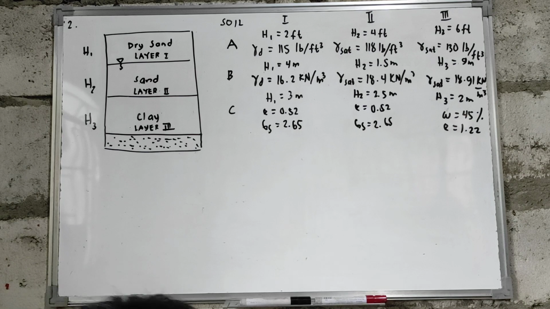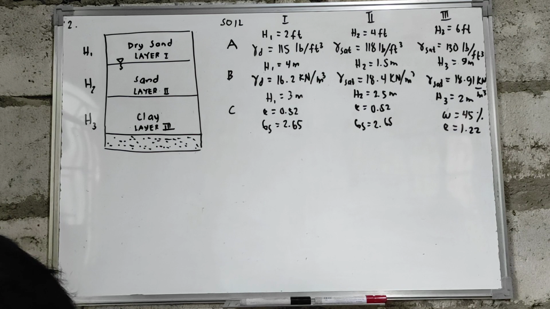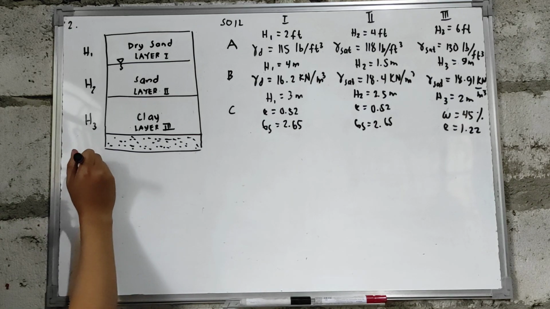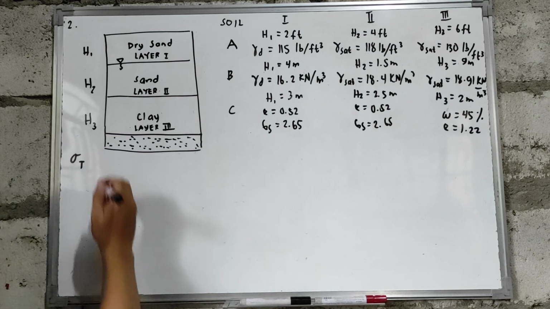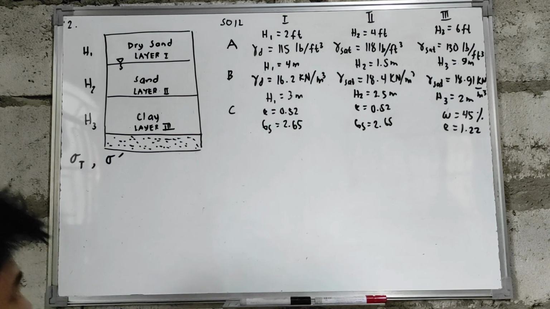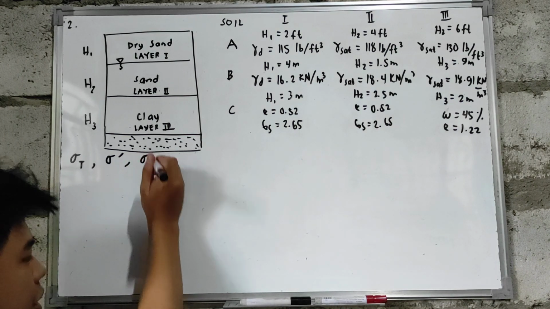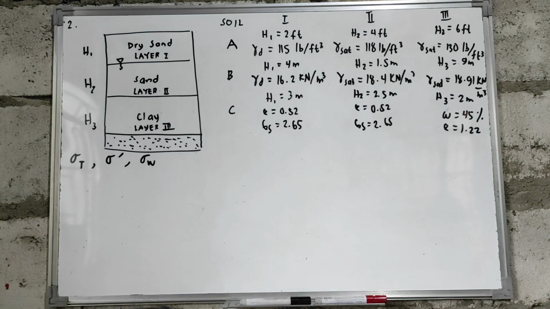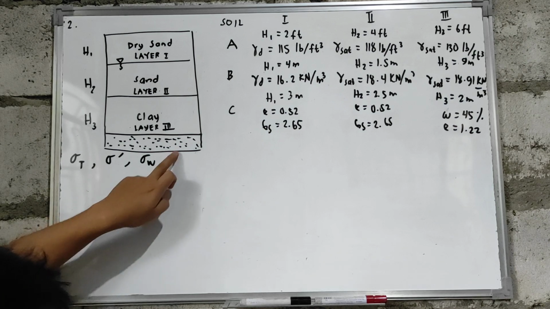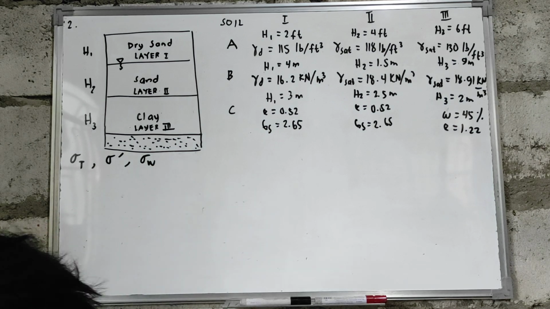So pinapa-calculate sa atin for letter A, hahanapin natin yung variation of the total stress, which is denoted by sigma sub T, yung effective stress, which is denoted by sigma prime, and lastly, yung pore water pressure natin. Yung representation din natin dyan is small u.